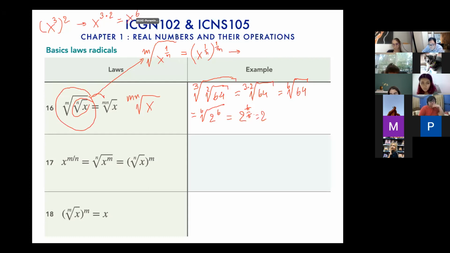Applying the same rule, we get x to the power of 1 over n times 1 over m, equals x to the power of 1 over nm. If we change it back to the radical symbol, it will be nm root of x. The same, right? You get the same thing as I wrote here.